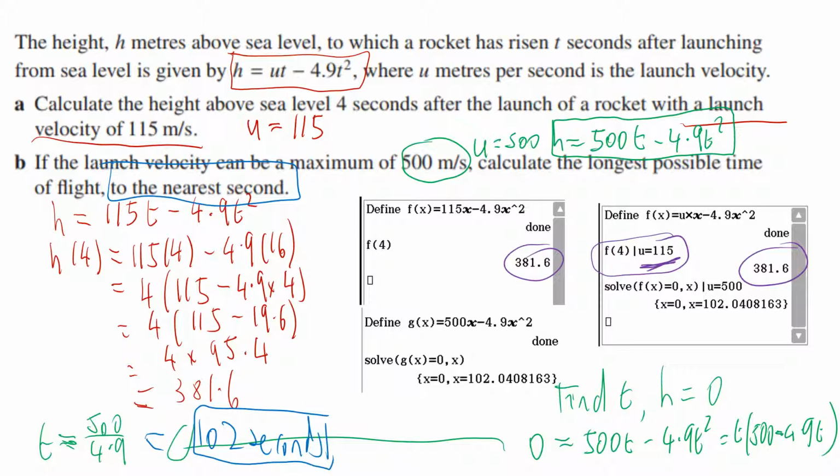And in the second one, with the one defined function, I'm asking to solve the function for 0 to find out the values of x or the values of t when the height is 0, when it's returned to sea level, but on the condition that u this time is 500. So that's just an alternative way you can use your CAS, just out of interest. All right, so that's a modeling application of quadratics.